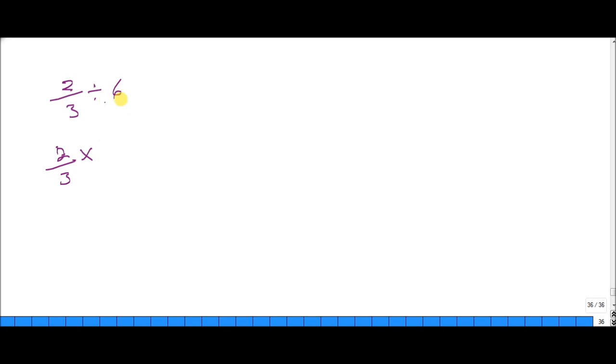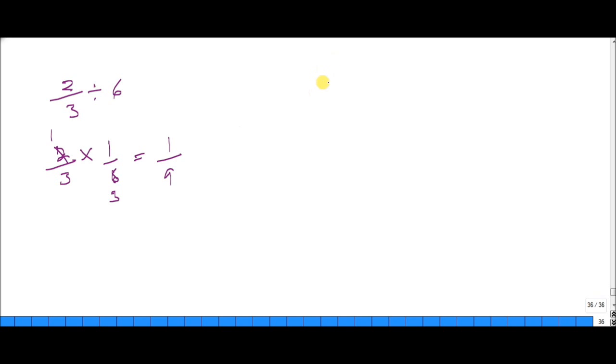So what's the reciprocal of the divisor here? It would be 1/6. Reduce where possible. 2 into 2 one time, 2 into 6 would be 3. 1 times 1 would be 1, and 3 times 3 would be 9. Our answer would be 1/9.